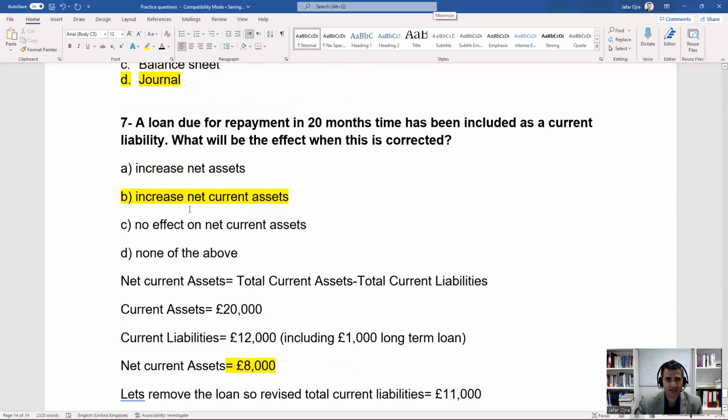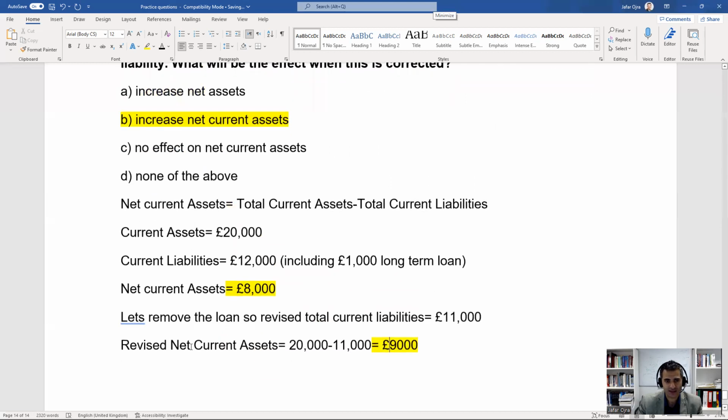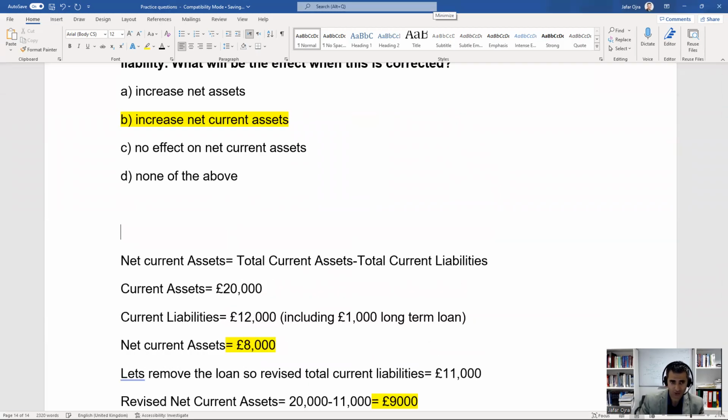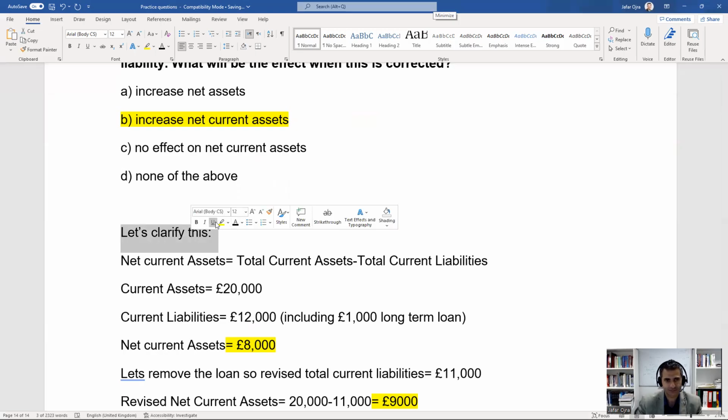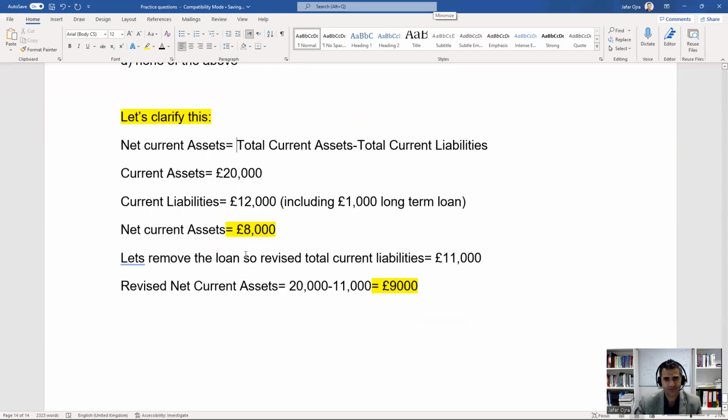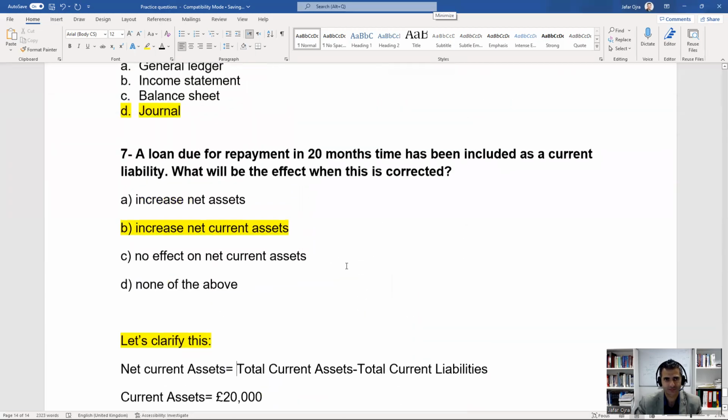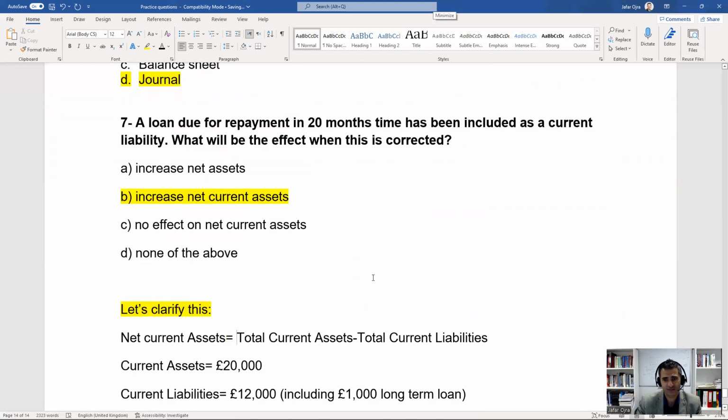So the answer is B, increased net current assets. The net current assets increase when you remove the loan from the current liabilities. I hope it's clear. It's a tricky one, but I hope it's really clear, guys.